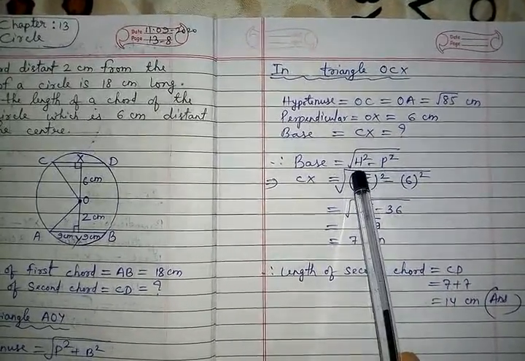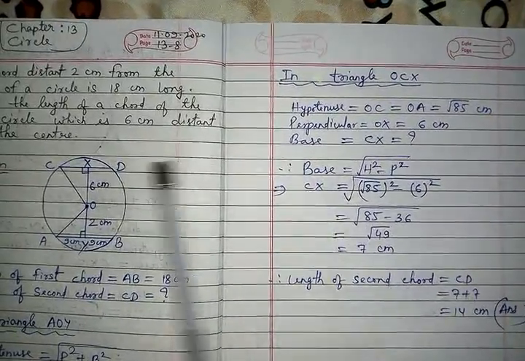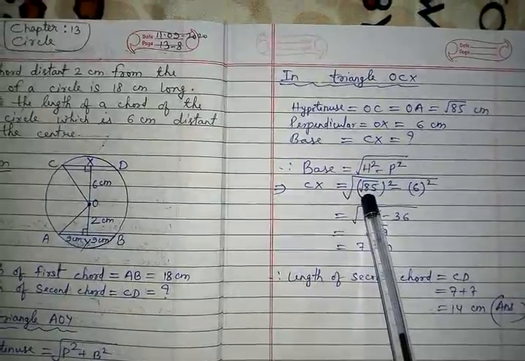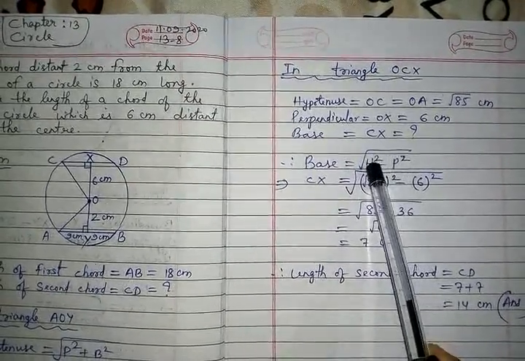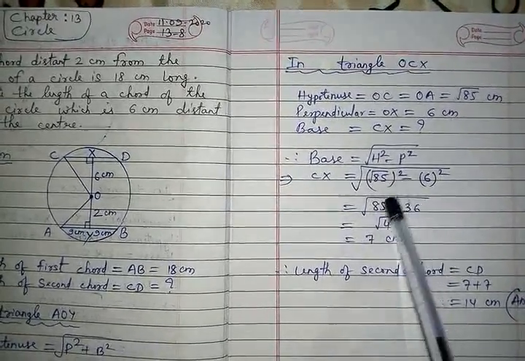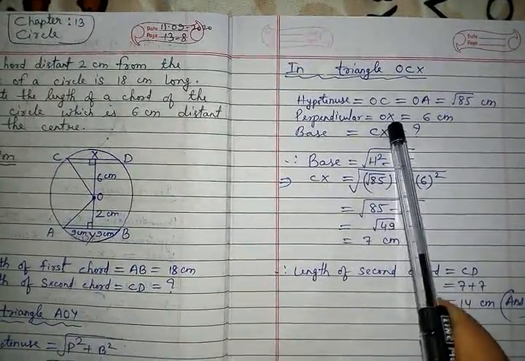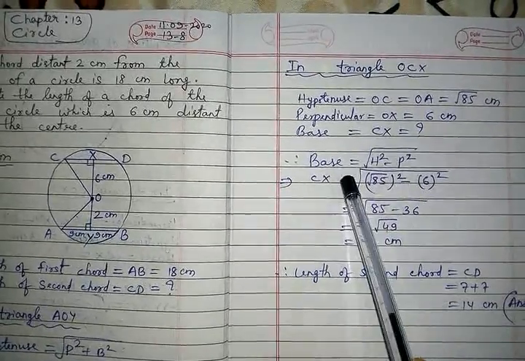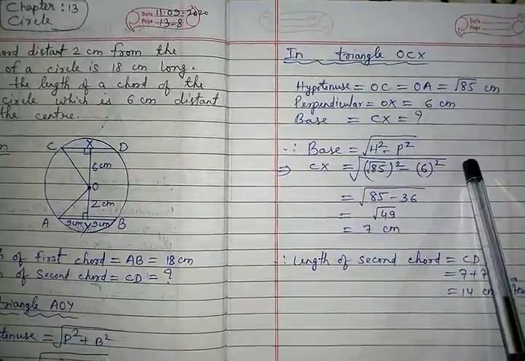The base formula is root over hypotenuse square minus perpendicular square. Base is CX, so root over the whole square of root 85 minus P, perpendicular is OX, 6 square. One root is for the value and one root is of the formula.